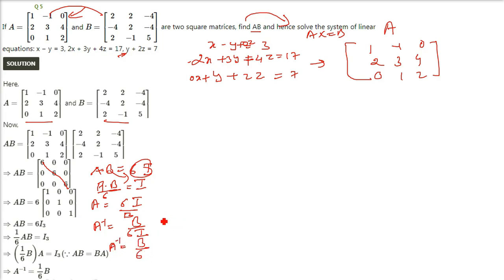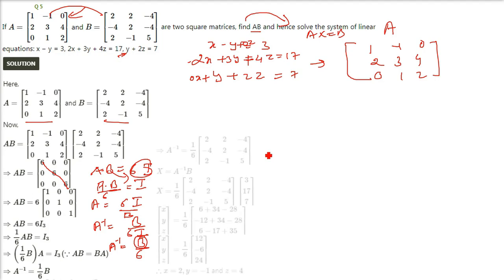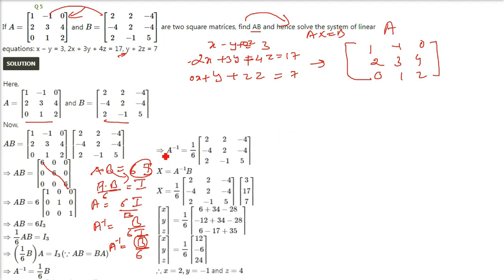Now, if you want to solve this using A inverse, so A inverse is this. X is A inverse into B. What is B here? It should be 3, 17 and 7. But since we have to use this A inverse to solve these equations, so we'll use B as 3, 17 and 7.